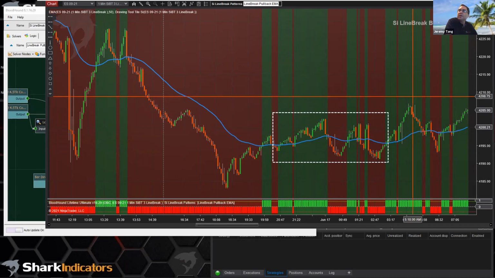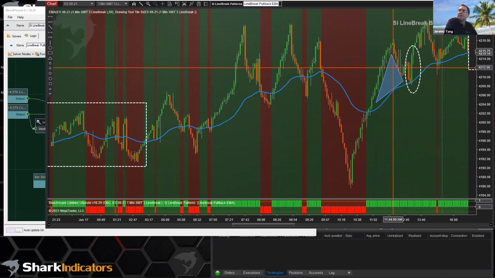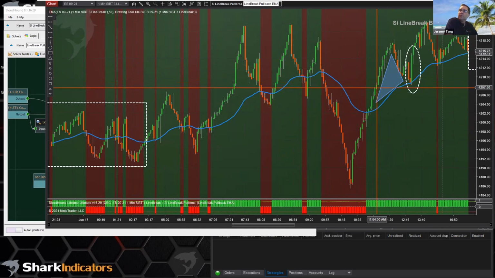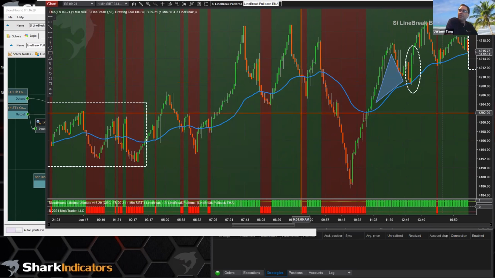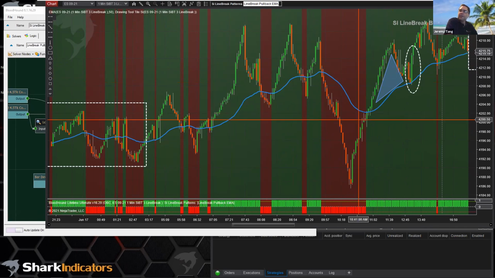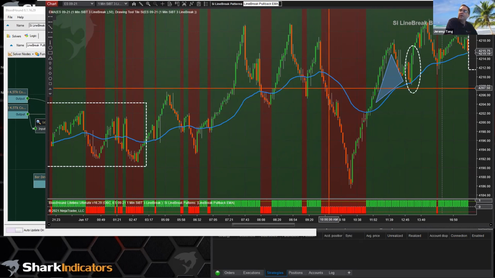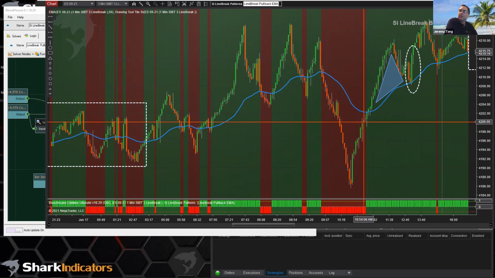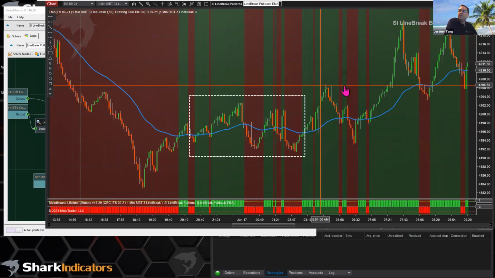So what's going to happen here is, when you get these nice separations, you get a whole bunch of bars in a row where the price has been above our moving average, or if this had turned into a good short bounce, all these bars were below that moving average, a whole bunch quantity-wise there.